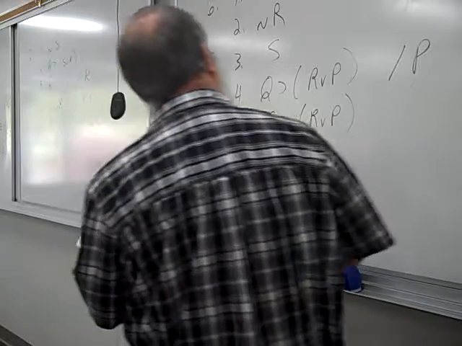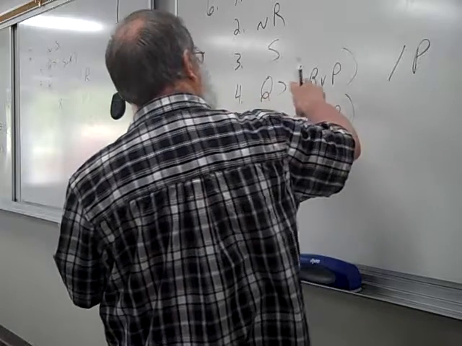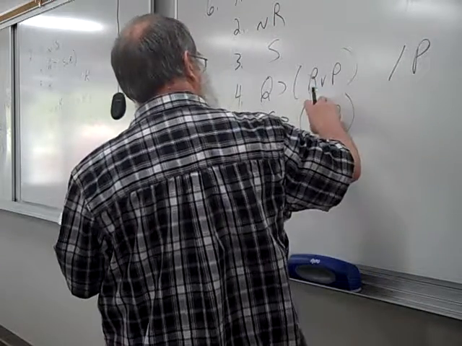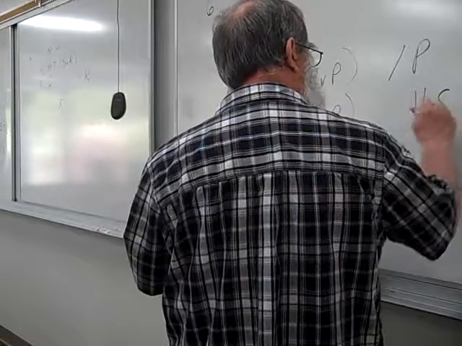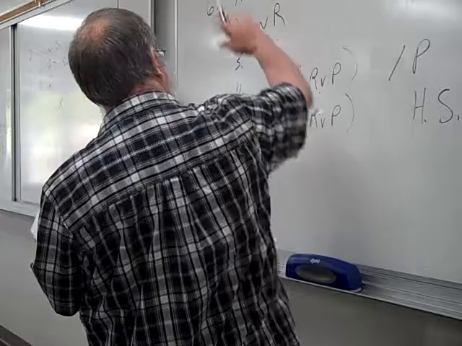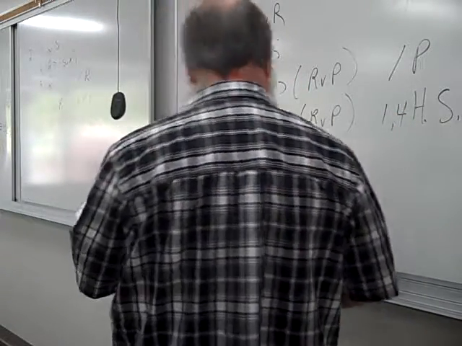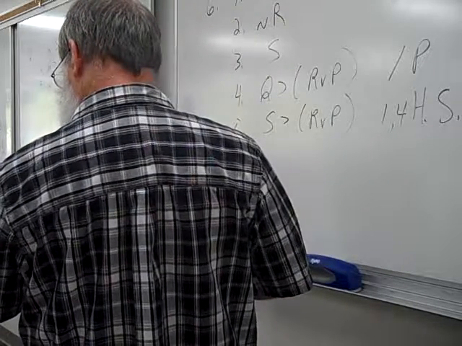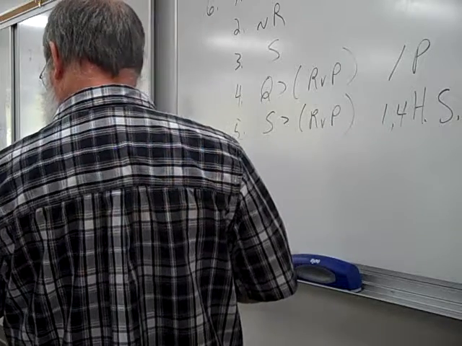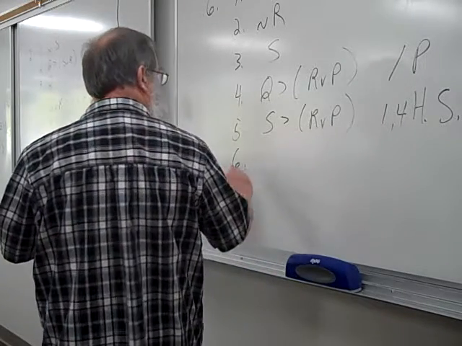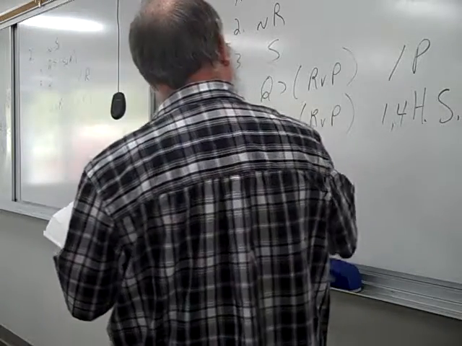So how did they get that? Well, if S, then Q, if Q, then R or P. Hypothetical syllogism connects these: if S, then R or P. So hypothetical syllogism, lines 1 and 4. The next step is step 6, and they say we should get R or P from this. So where do you get R or P?